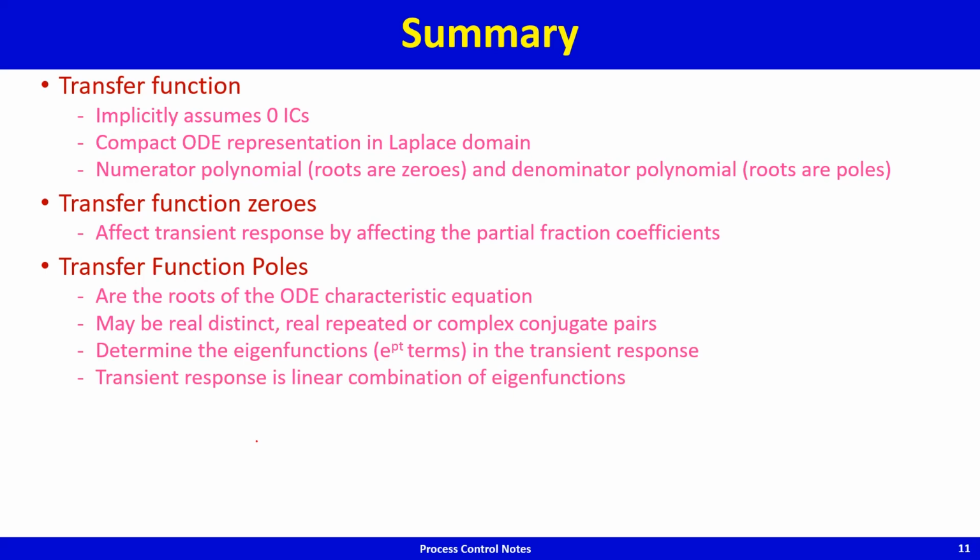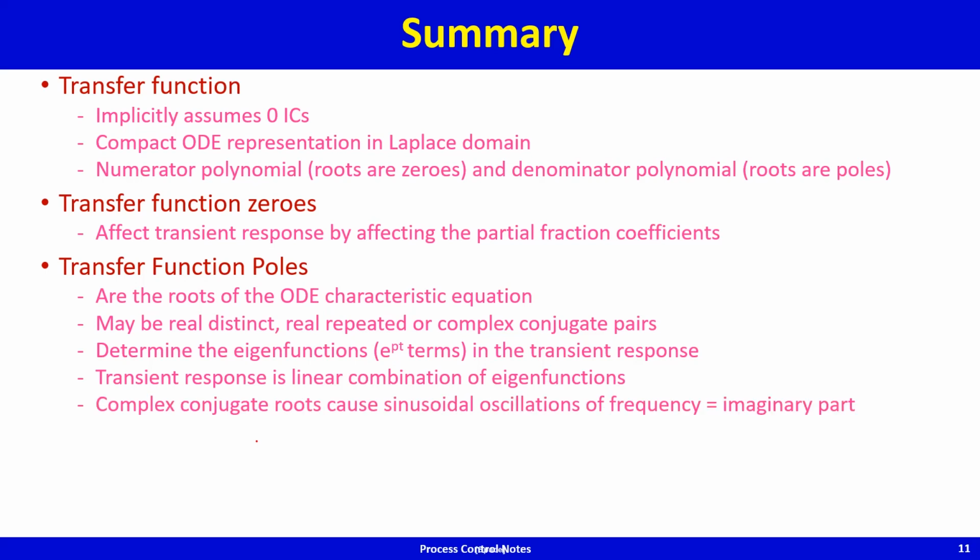These poles determine the eigenfunctions, the e to the power pt terms in the transient response. The transient response is a linear combination of the eigenfunctions, and what linear combination is governed by what occurs in the numerator, and hence the zeros affect the transient response through the particular linear combination of the eigenfunctions.